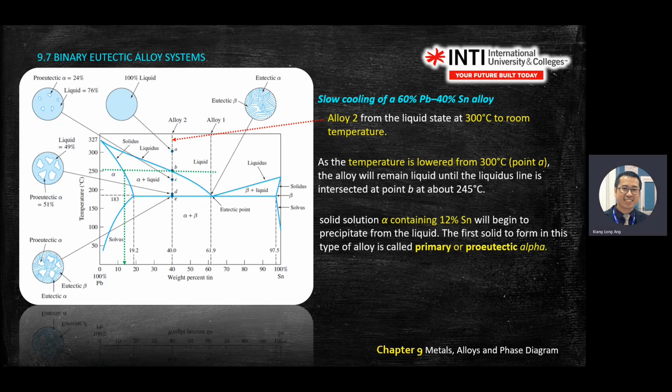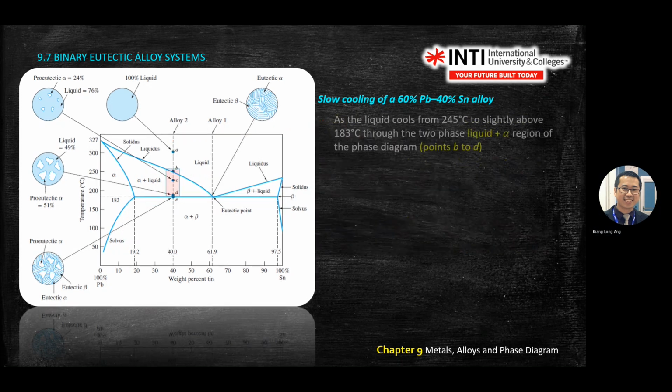Draw the line and then drop down to 12% with the green dot there. And then you start to drop. Important point: from B to D, you will see alpha plus liquid phase.